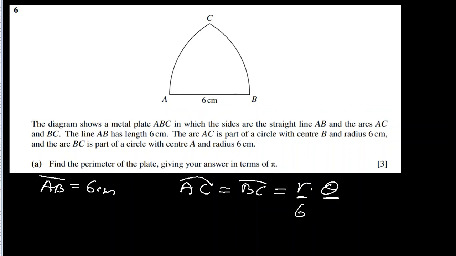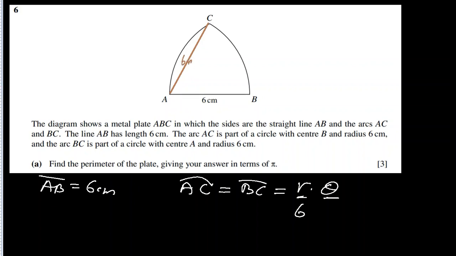But if I join the line from C to A, will you agree that this line is also a radius of 6 centimeters?